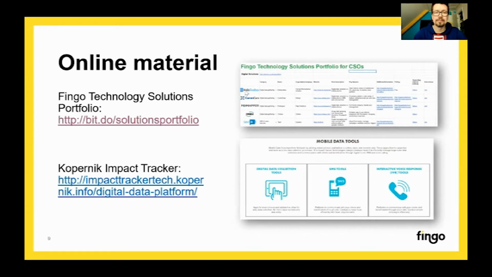For example, as you can see on the screenshot taken at the top of the list, there is Kobo Toolbox, which is a free and open source digital data collection tool. And in almost the last column, there is supporting video material.